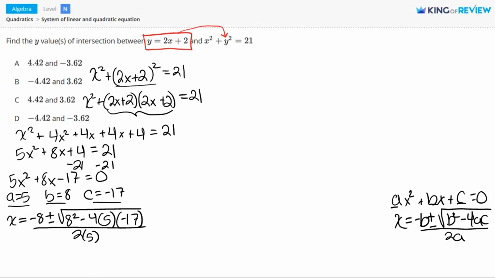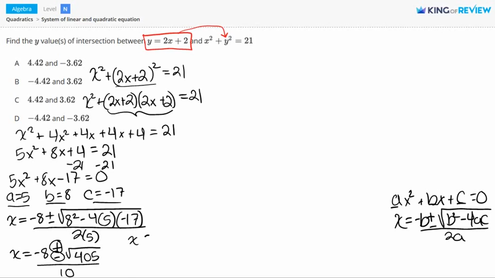When we simplify, we get x equals negative 8 plus or minus the square root of 405, and this is all divided by 10. Now we will get two values for x. One will be calculated using this plus sign, and the other is calculated using this minus sign. So use your calculator to solve for x.